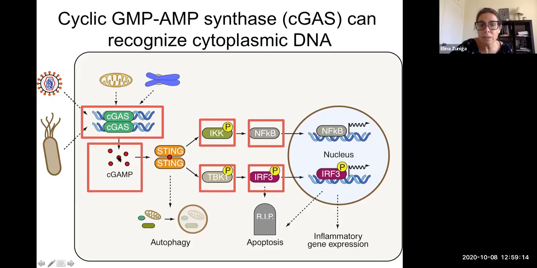And now these intermediates can activate an adapter whose name I'm not asking you to remember, and this adapter will lead to the activation of the same kinases we've been talking about, the IKK kinase, which will lead to NF-kappa B activation via degradation of the inhibitor of NF-kappa B, and then translocation of NF-kappa B to the nucleus, and production of pro-inflammatory cytokines such as IL-1, IL-6, TNF-alpha.